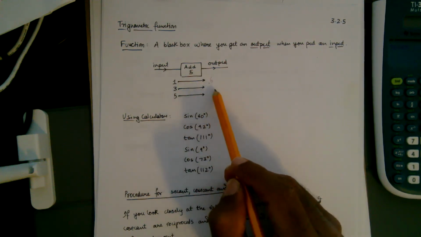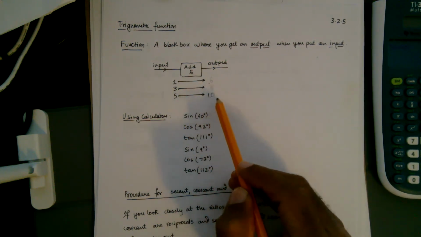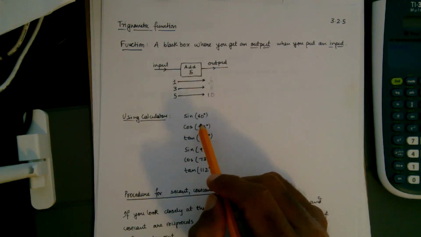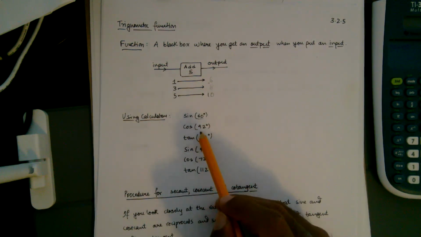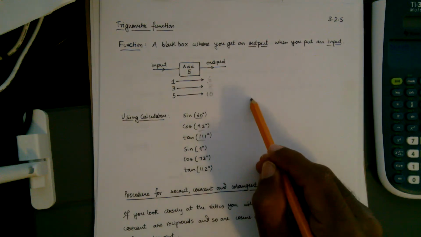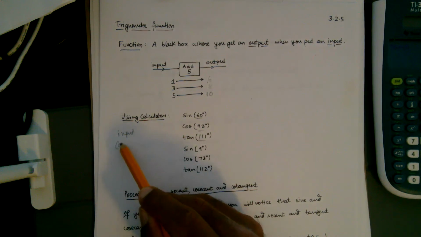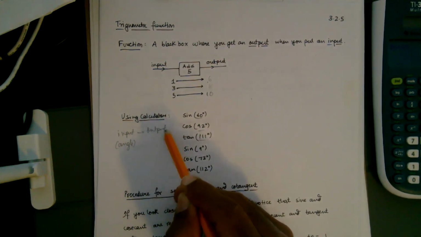If the input is 3, you get 8. If the input is 5, you get 10. And so on. Which means that if I take any angle, these trigonometric functions can take it as input. Input is going to be an angle and the output is going to be a ratio.